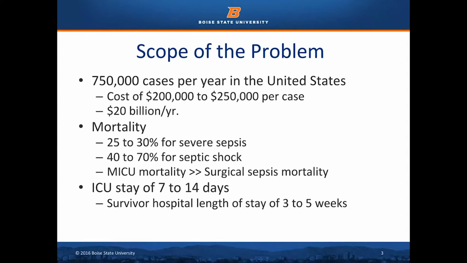The sepsis that we see in the medical intensive care unit population is different than that we see in the surgical intensive care population. Usually in the surgical intensive care population, the etiology of the infection is easier to identify, easier to culture the bug, and get the appropriate treatment on board, or drain the pus.